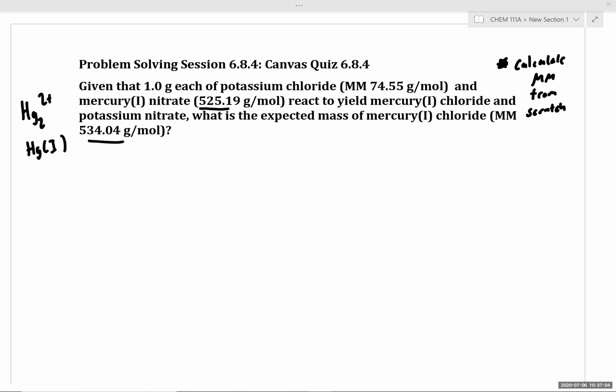Let's try to get a few more responses in chat for the proposed balanced chemical equation for this reaction. Remember, in order to do stoichiometry calculations, you need a balanced chemical equation. Without it, you can't really progress.